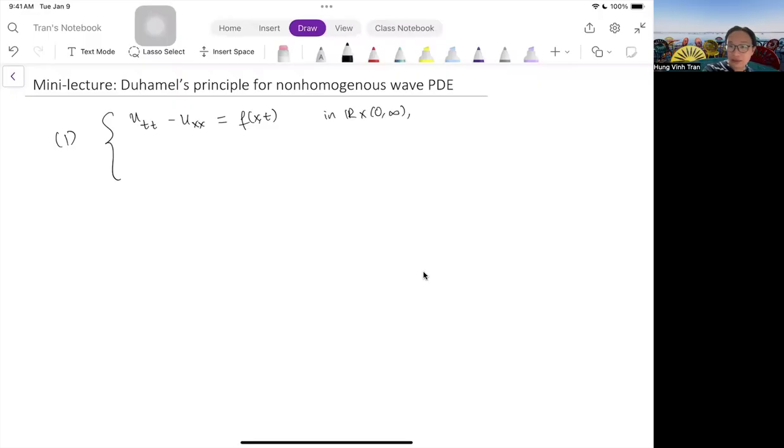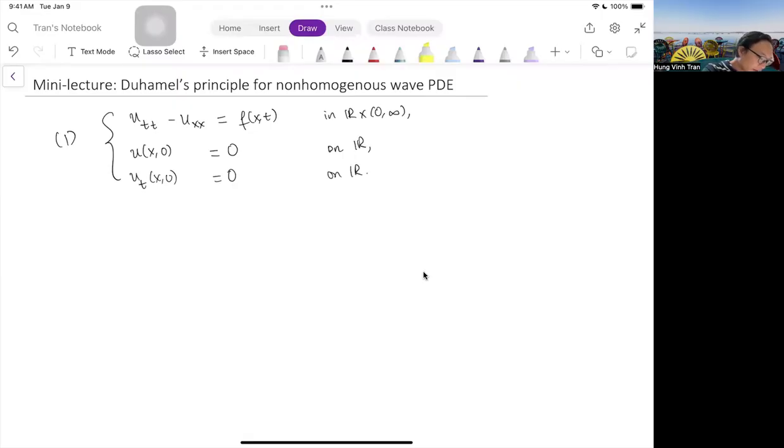And let's say I'm given simple initial data that u(x,0) equals 0 on R. So we start with 0 position and also 0 velocity, so u_t(x,0) equals 0 on R. Okay.